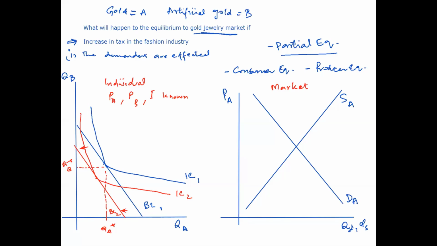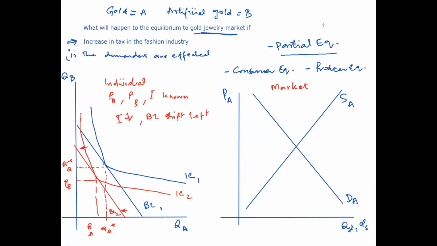So what has happened is that because of the increase in tax, there is a decrease in income, which has caused the budget line to shift left for the consumer. Now there is a fall in QA and QB.